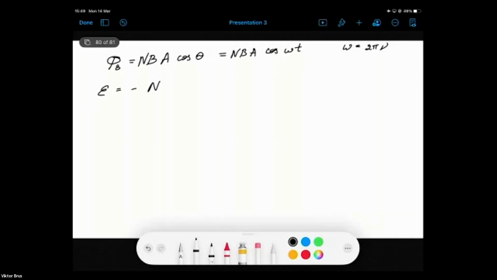That was for a single coil, but if we have many coils which form this current loop, it will be minus N times dΦ/dt, which is minus N times B times A, and because these are constants, here will be d over dt of cosine omega t.